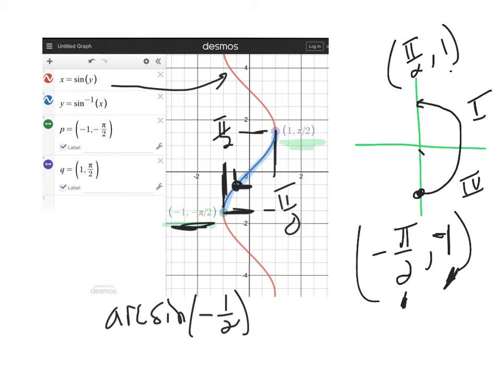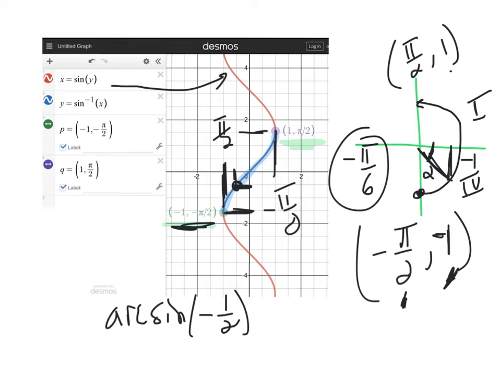Negative 1/2 is going to be negative pi over 6, or negative 30 degrees. You won't worry about the angle over in quadrant 3 because we can't look in those outputs. Maybe we should do some examples now. We've got this theory done.